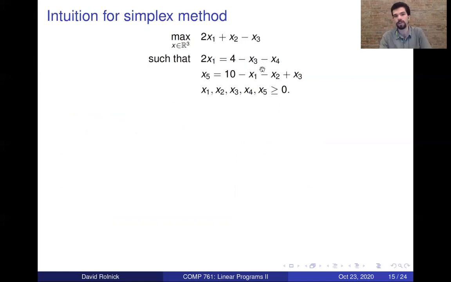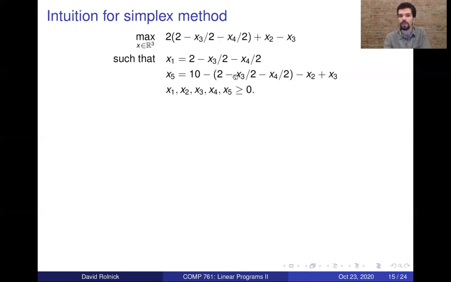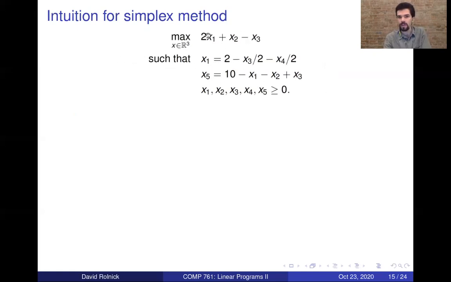This is the same equation. And then let's divide by 2 to make it the same equation again. And then what we have here is x1 equal to 2 minus this. And now the idea is that if we set x3 and x4 equal to 0, then x1 is equal to 2 minus 0. And so this is how we have set x1 equal to 2. And then we're going to substitute this into both of these other places where x1 occurs.